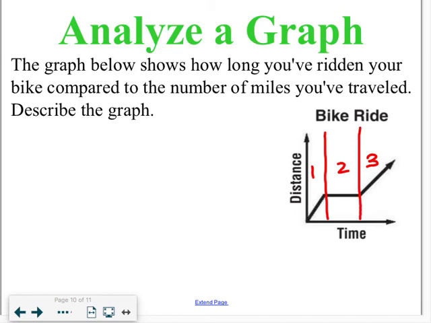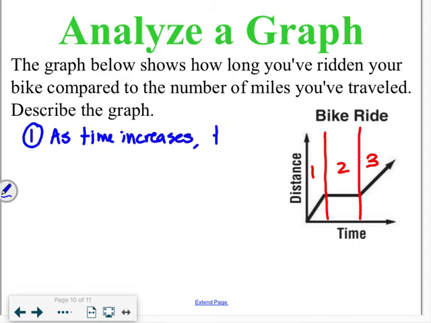So a good description for section number 1 would be, as time increases, the distance increases. So you are moving from left to right on the graph, and your distance is increasing.